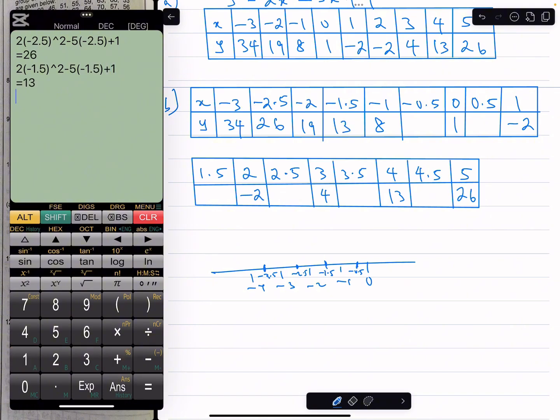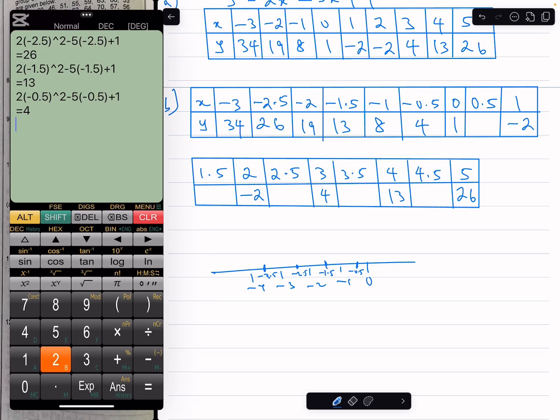When x is minus 0.5, y will be 2 times the square of minus 0.5 minus 5 times minus 0.5 plus 1. That's 4. When x is minus 0.5, y is 4.